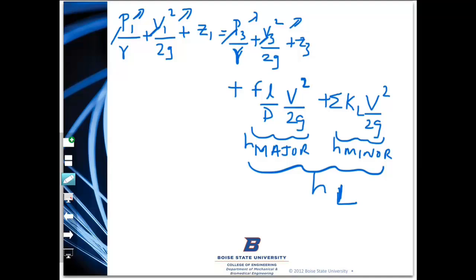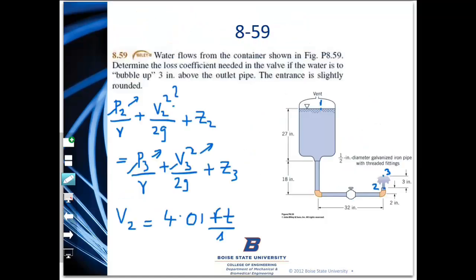And let me write what sigma KL is. So sigma KL, you have an entrance effect. It's slightly rounded, so you can find the loss coefficient there. You have an elbow here, an elbow here, so you can find the loss coefficient there.